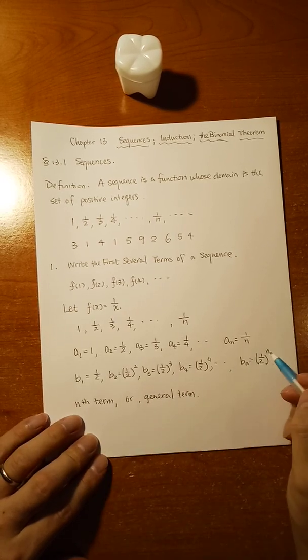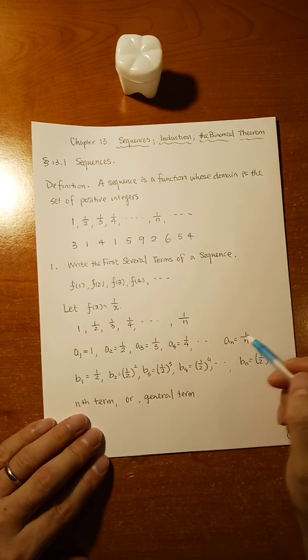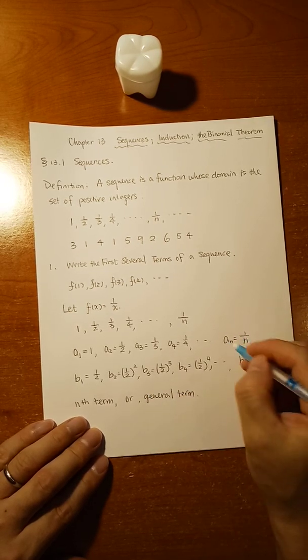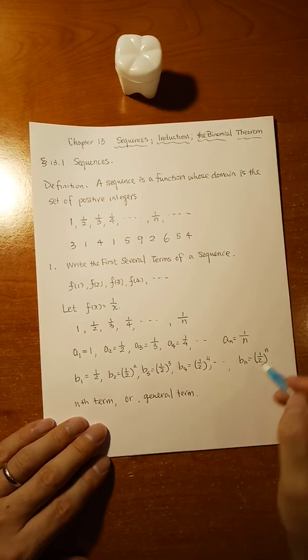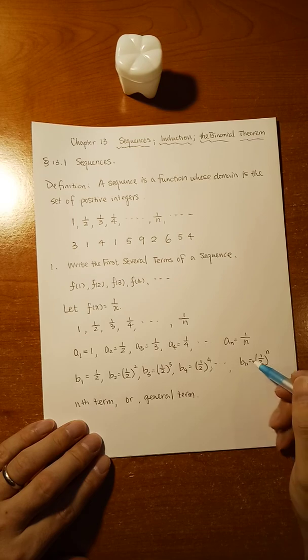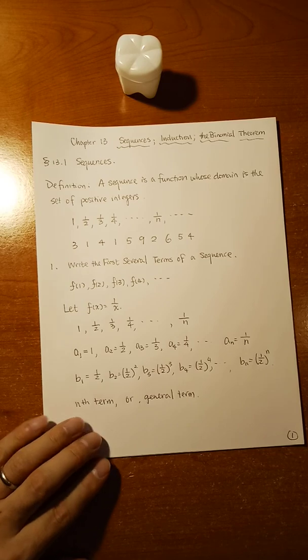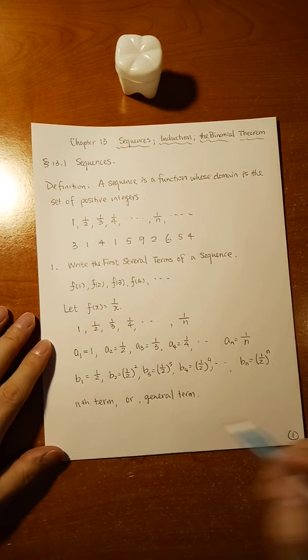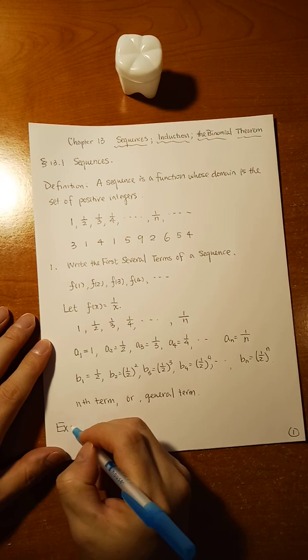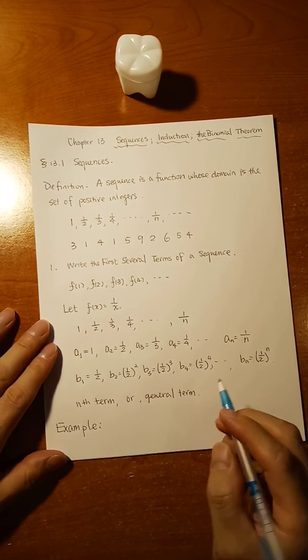Nth term means whenever you have a positive integer value n, you can determine the corresponding term. Or general term, it also means the same thing. I generally know the value of the term for each different position. Okay, so for example, we may write it this way.